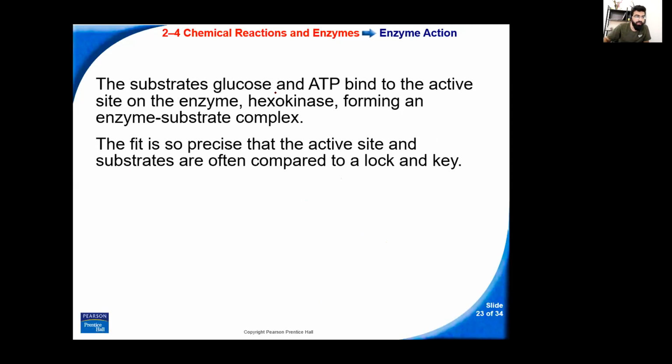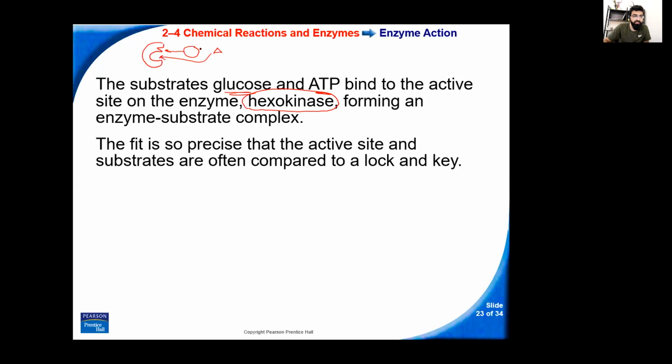Hexokinase? Hexokinase is the name of an enzyme that is used to react glucose with ATP. Now the glucose and ATP want to react together. Here, the enzyme provides a suitable site, an active site, to bind these substrates, the glucose and the ATP.